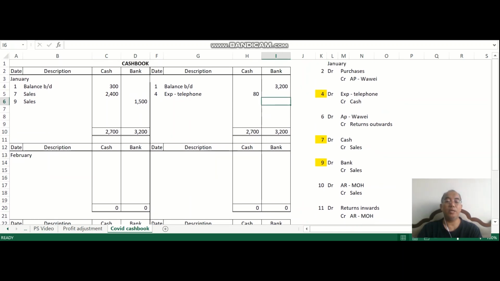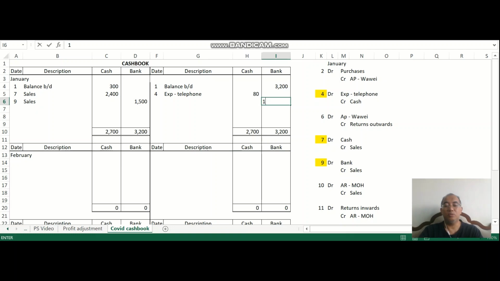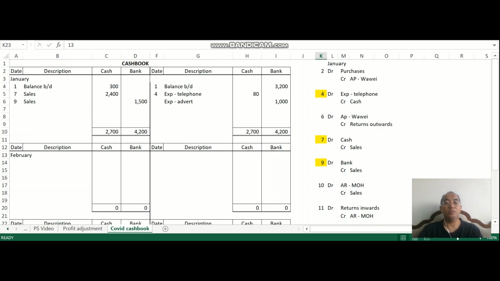How much bank? We pay advertisement 1,000. So I put here 1,000. So expenses, advertisement. What date? On the 13th. So I just put here 13. Right?